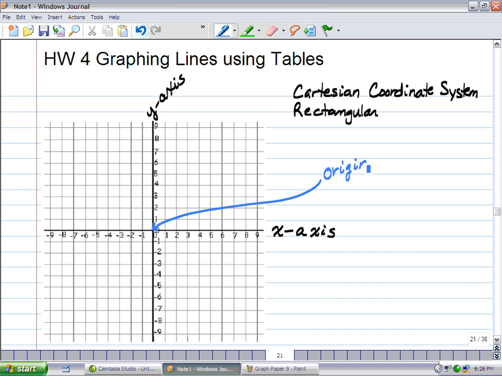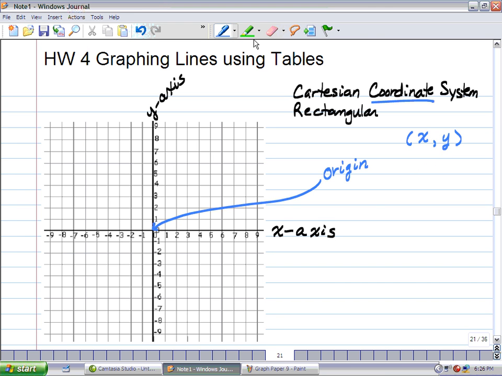So this is a grid, and every point on this grid has a coordinate. That's where the word coordinate comes from. The coordinate is an x value and a y value. The x value, we always write first, and the y value, we always write second, and we write them in parentheses with a comma between them.